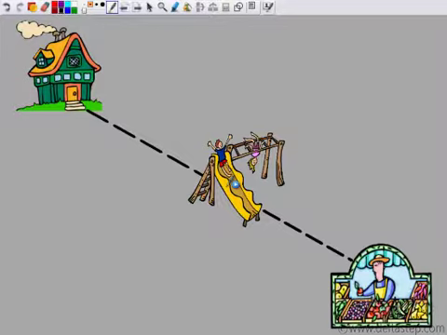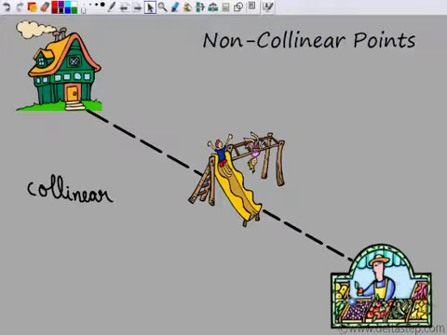We see that these three things, the house, the playground and the market, are on the same line. Or I can say they are collinear. The 3 points here are collinear, that is on the same line. So when three things are collinear, I do not get a triangle. So for a triangle, what is necessary is non-collinear points. So non-collinear points give me a triangle and collinear points do not.